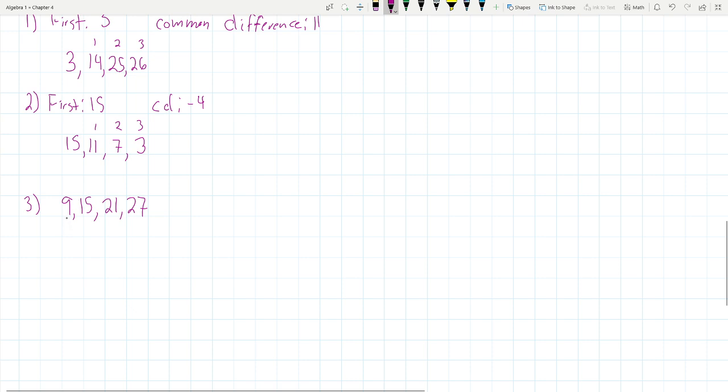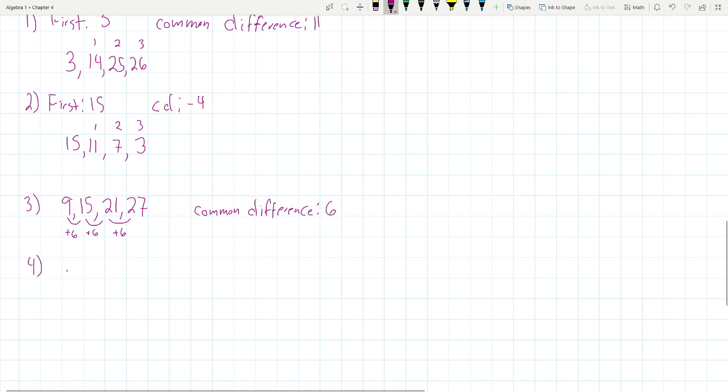And so it's kind of a good habit to get into, is just checking each one. So I go, okay, 9 to 15, that's a difference of plus 6, and we want to see if the pattern holds up. 15 to 21, that's a plus 6. 21 to 27, that's a plus 6. So the common difference is 6.